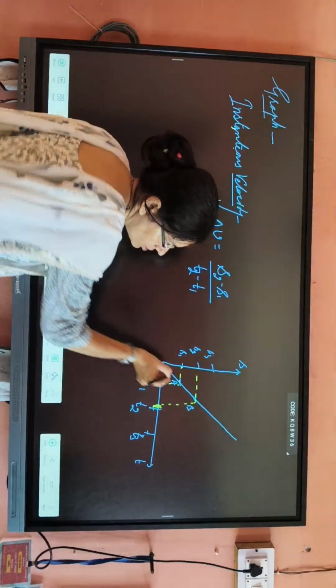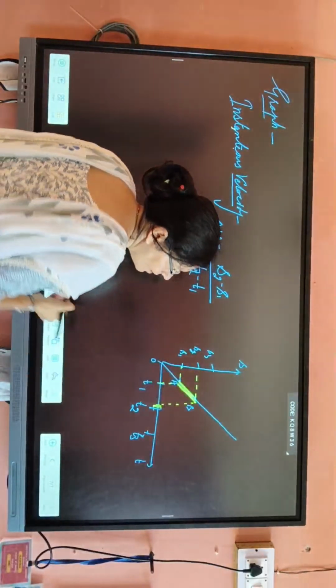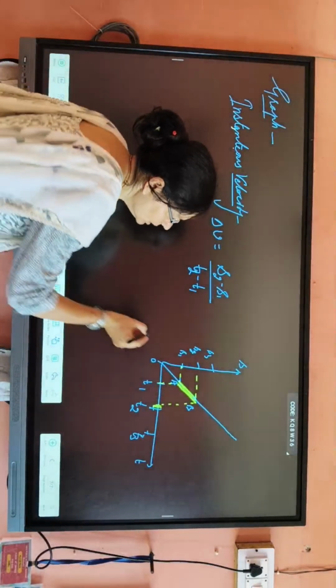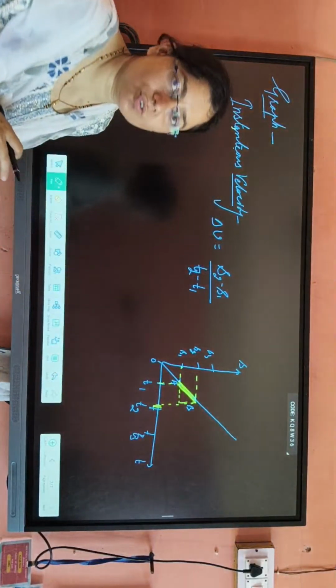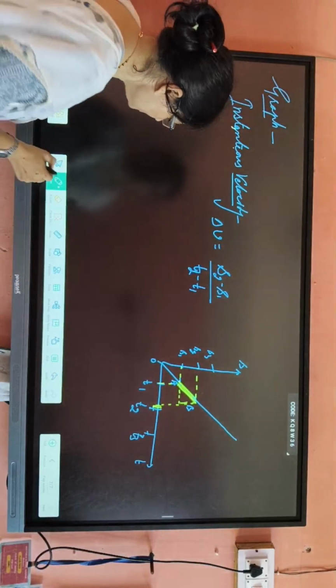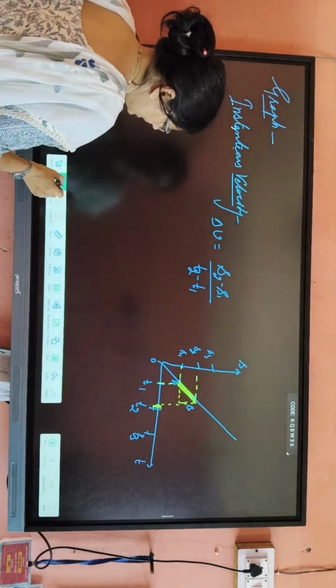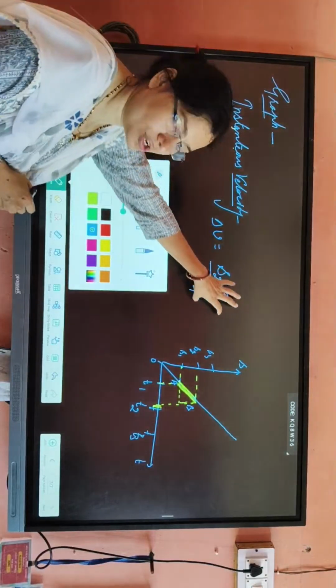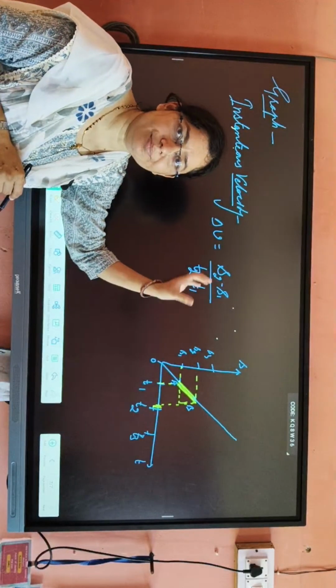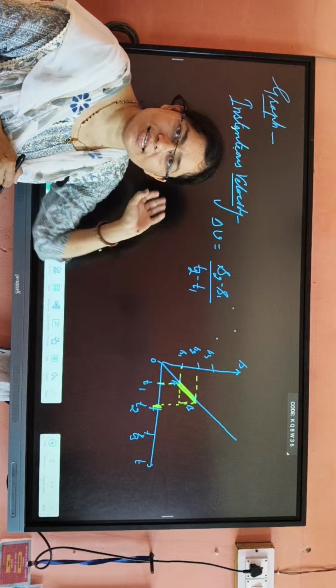So from here to there, one point is this one, second point is this one, T2. Clear? Then the slope of this term will be equal to the change along the y-axis to the change along the x-axis. Another form of this instantaneous velocity we can write like this: change in displacement to the small time, which we call instantaneous velocity.